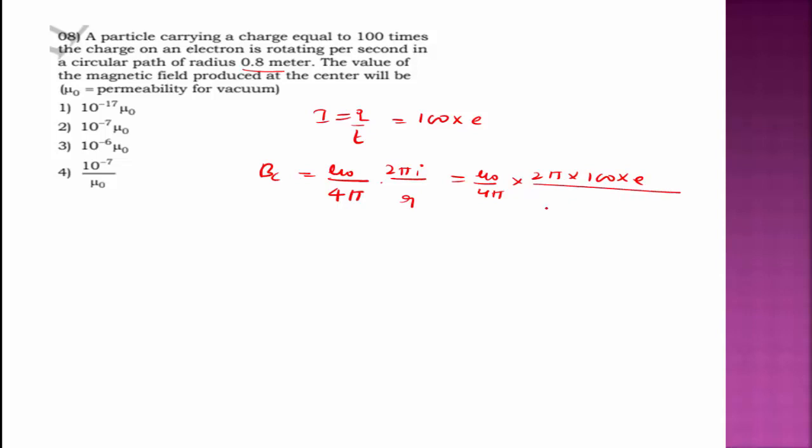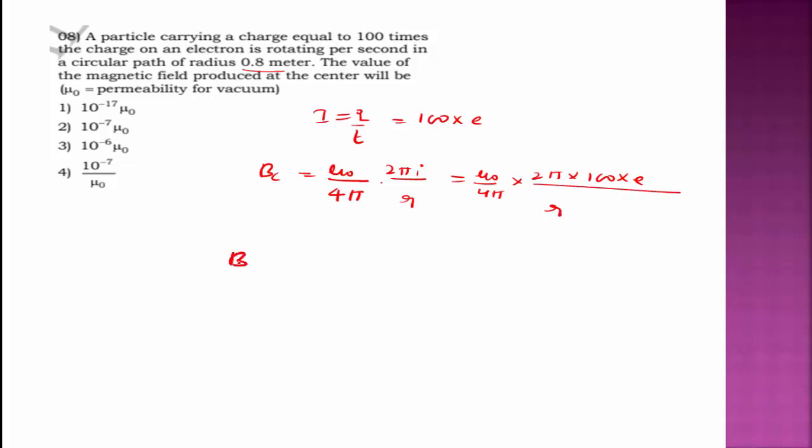We know the formula, I is equal to Q divided by T. The charge is equal to 100 times the charge on the electron, that is 100 into e. Then the magnetic field at the center is mu naught I divided by 2R, which is equal to mu naught into 100 into e divided by 2R.